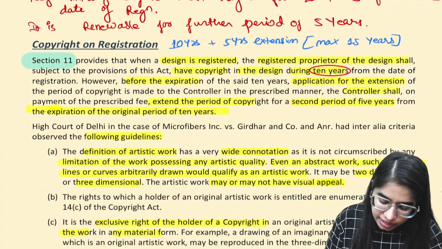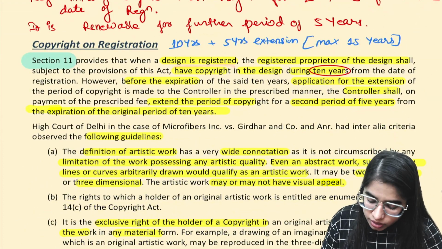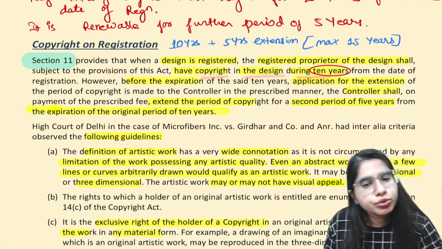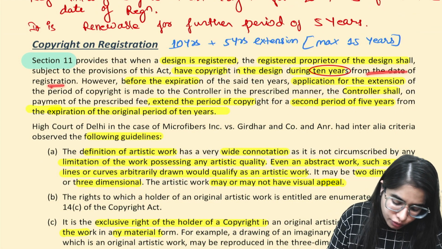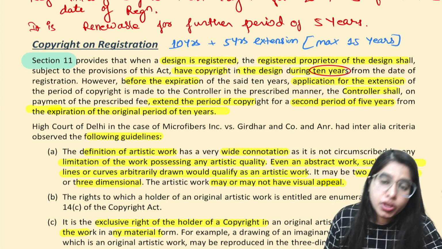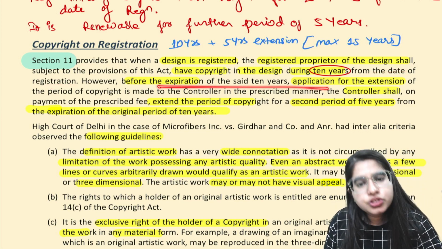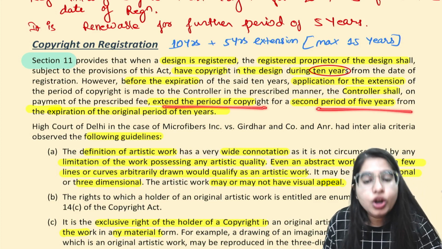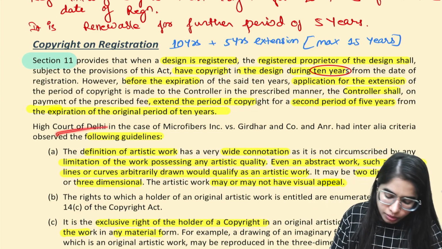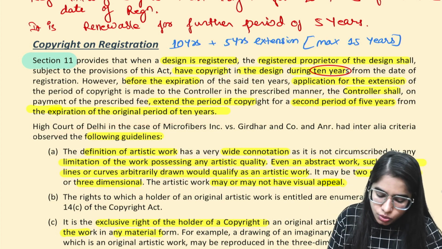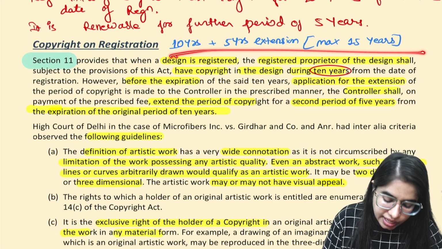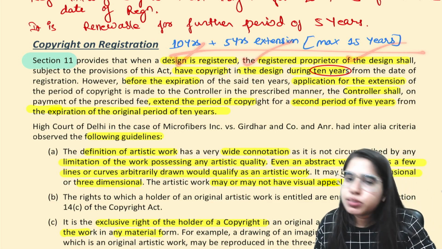So when a design is registered, the registered proprietor shall have the copyright in that design during the 10 years from the date of the registration. Before the expiry of the 10 years you can apply for extension, and the controller can give you extension for another period of 5 years from the expiry of 10 years, which means the tenure of copyright of design is 10 years plus 5 years, that is maximum 15 years.